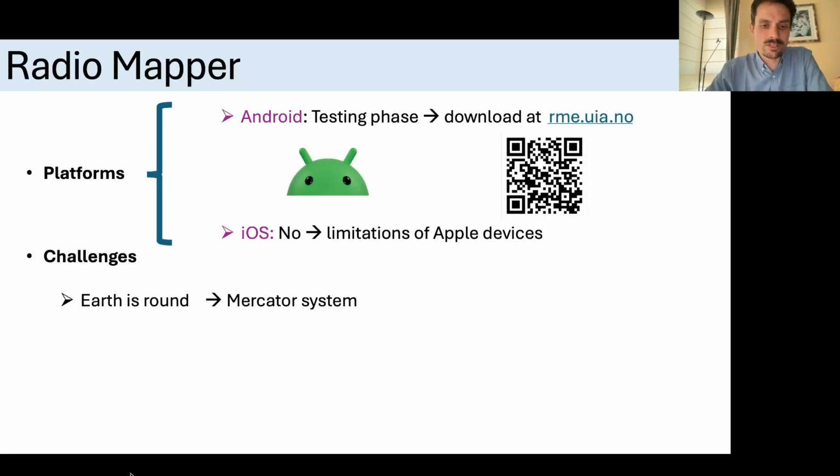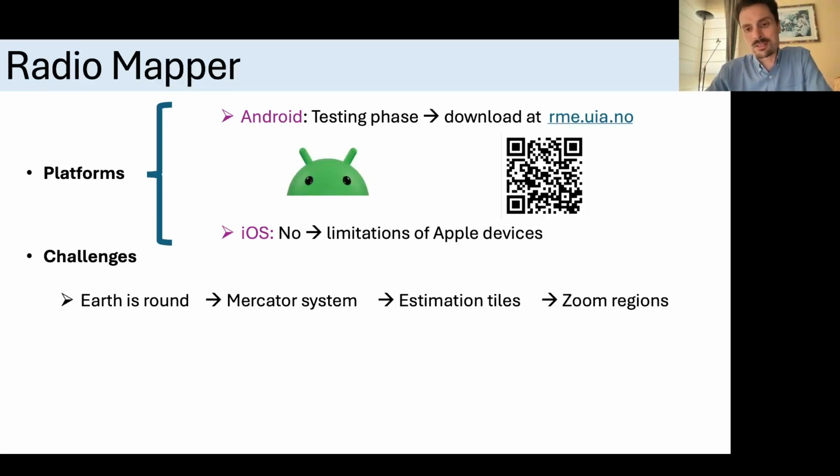We can use the so-called Mercator system, which is used by Google Maps and other systems, but still it is problematic. We need to divide the world into tiles for estimation, and we need to ensure that these tiles have similar size to use the same parameters for each estimator.